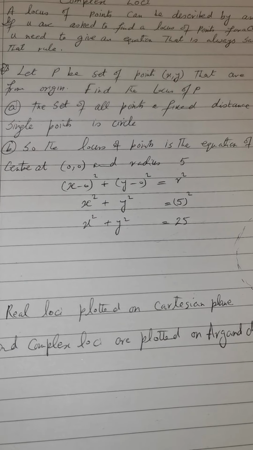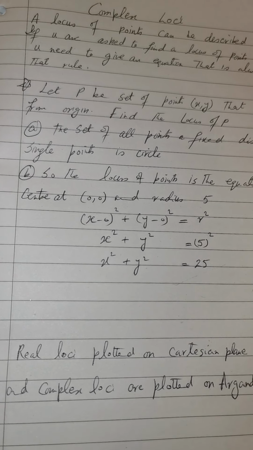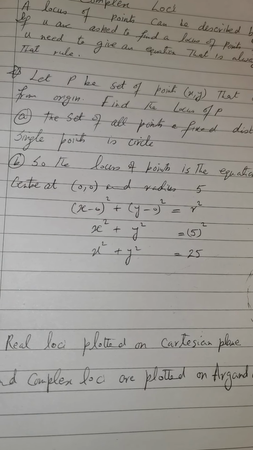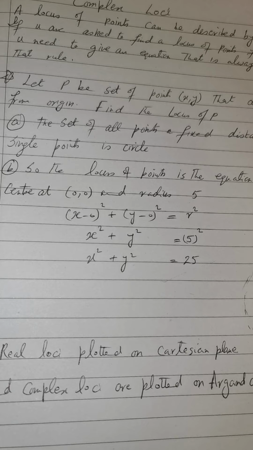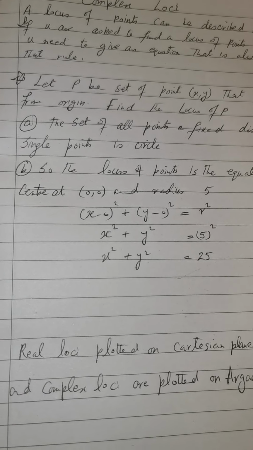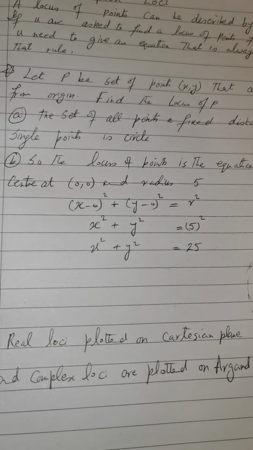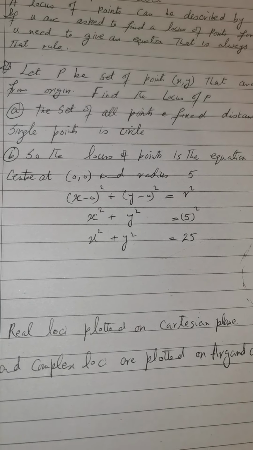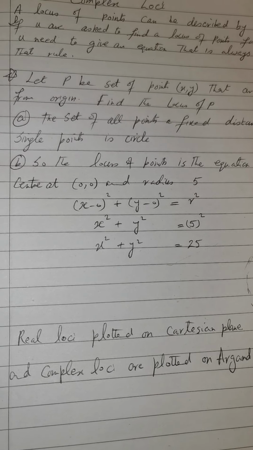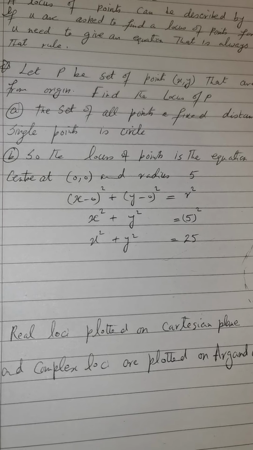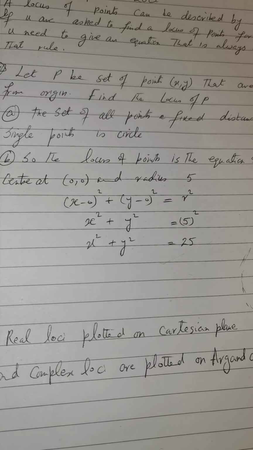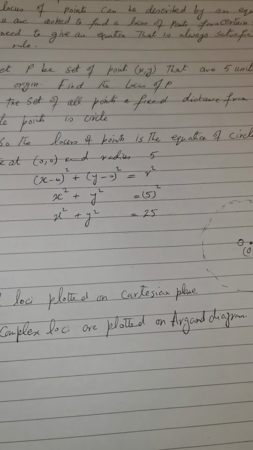This is the locus, and this equation will satisfy that all the points are 5 units away from the center. Now this is the definition of a real locus, and always remember that a real locus is plotted on the Cartesian plane. But if they ask you about complex loci, keep in mind that a complex locus is plotted on an Argand diagram.